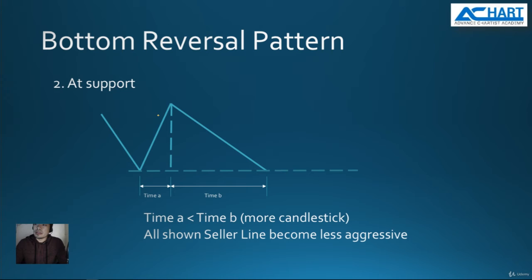It is because, of course, it does not make any power downward. Hence, the last movement could be like this, but this part makes the seller become less aggressive, and again the buyer becomes more aggressive.